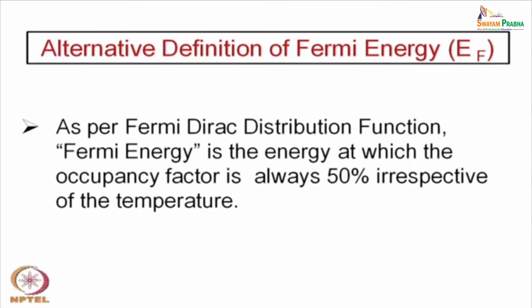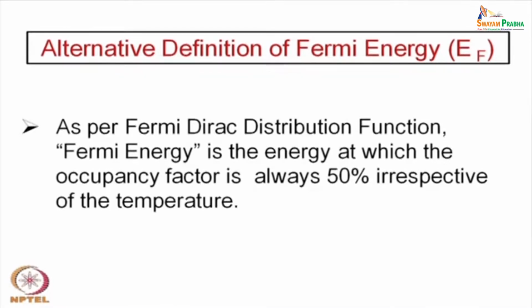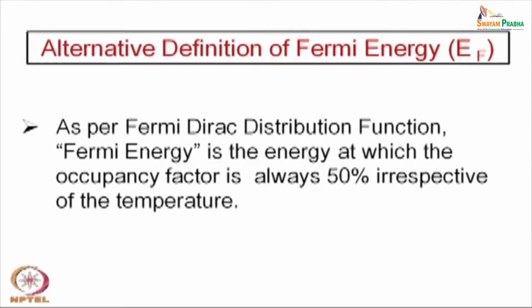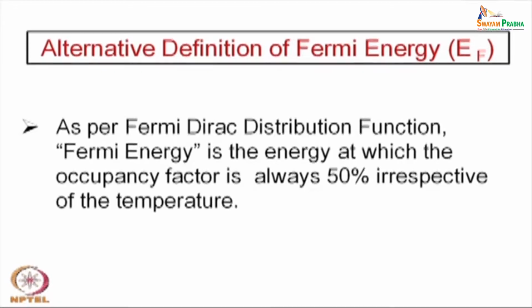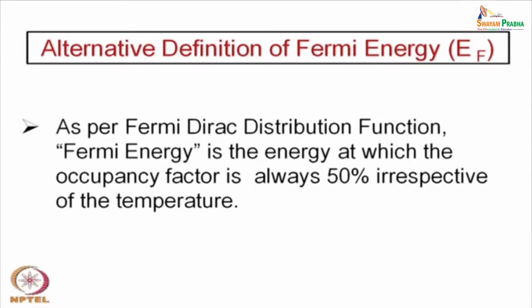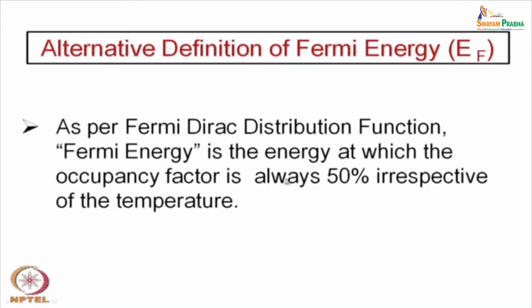At absolute zero temperature it is the highest energy level up to which the states are occupied, whereas if the temperature is non-zero, then this will be the better, actual definition, because under that situation EF, the Fermi energy, is not the highest energy level up to which the electrons are occupied. It is only the 50% occupancy, and that is a constant irrespective of whatever temperature we use.